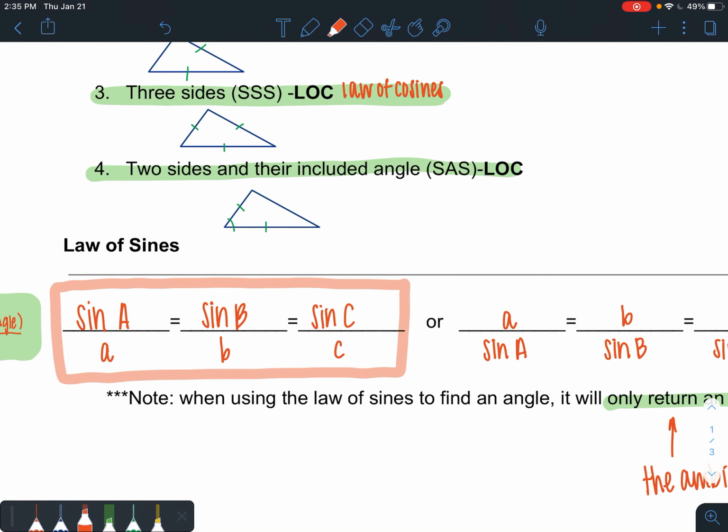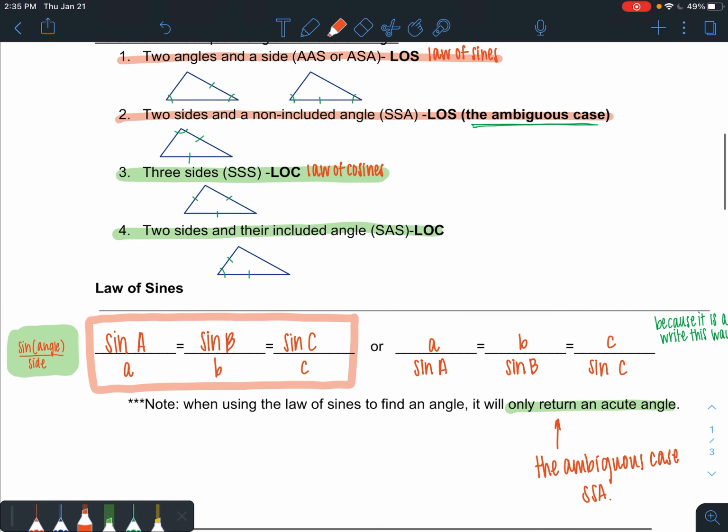But when you use the law of sines to find an angle, it's only ever going to give you an acute angle back. So if you have something that looks like this, and you're using the law of sines to find that, geez, that is a terrible triangle.